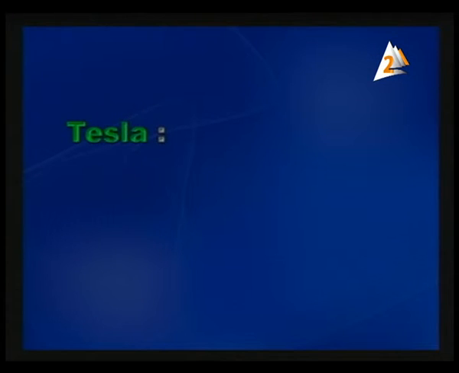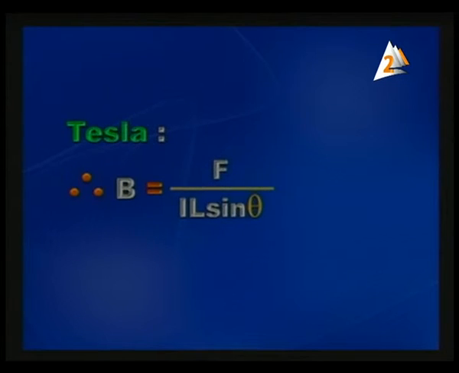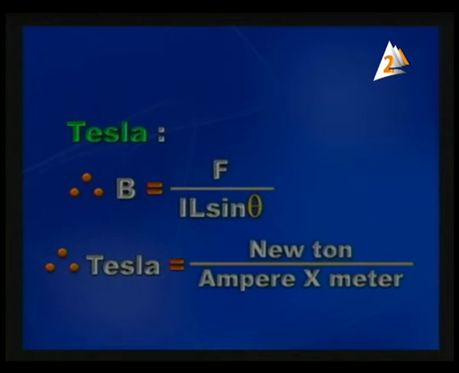And now we want to define the unit of magnetic flux density. We want to define Tesla. What's meant by Tesla? Since magnetic flux density equals F over IL sine theta, we can say Tesla equals Newton over ampere times meter.